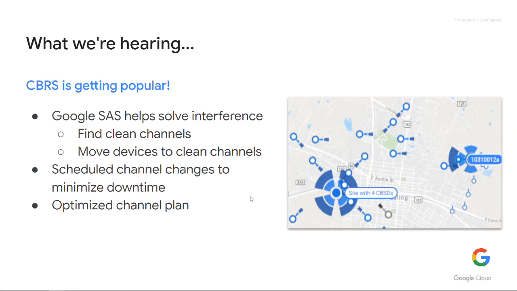And these new features are particularly useful because not only can you find the best channels, but you can get your CBSDs to move to those channels from one place, our SAS Portal. And that means that you can implement these channel changes simultaneously over multiple devices. And so the goal here is the SAS can help you manage your channel planning.